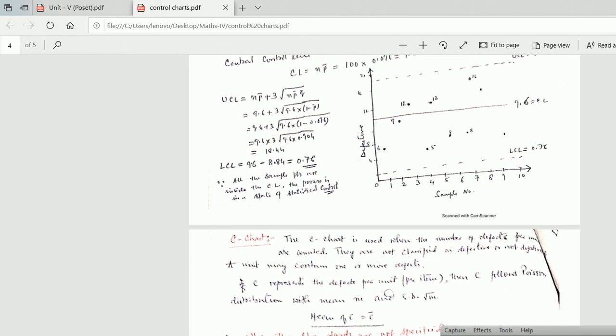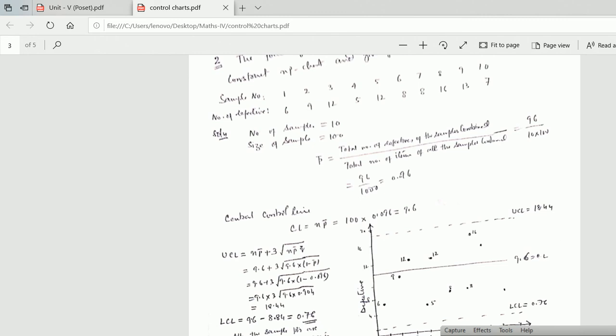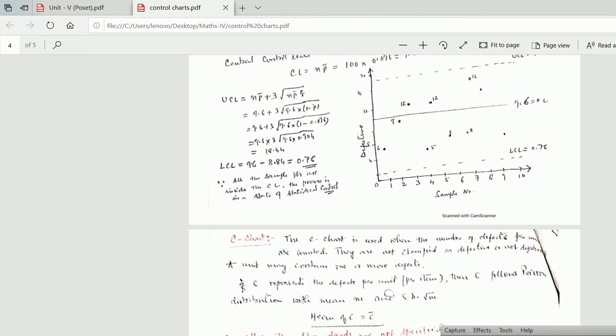So after calculating, this is 18.44. So you can draw the upper control limit here, it is 18.44. Now the lower control limit, you draw the lower control limit, this value is 0.76.